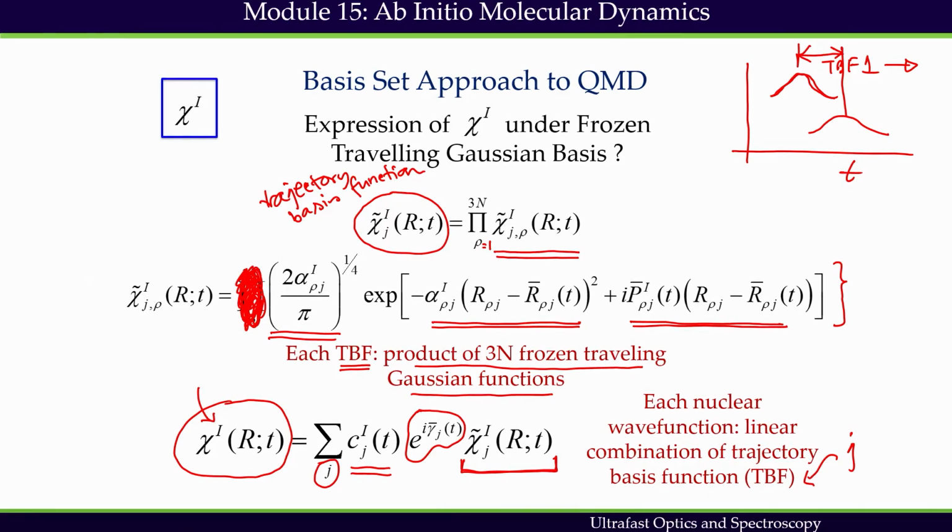By this way we represent the total wave function, and the nuclear wave function on each electronic state is represented as a summation of multidimensional traveling frozen Gaussian basis functions with time-dependent coefficients. Here index J labels multidimensional traveling frozen Gaussian basis functions on electronic state I.